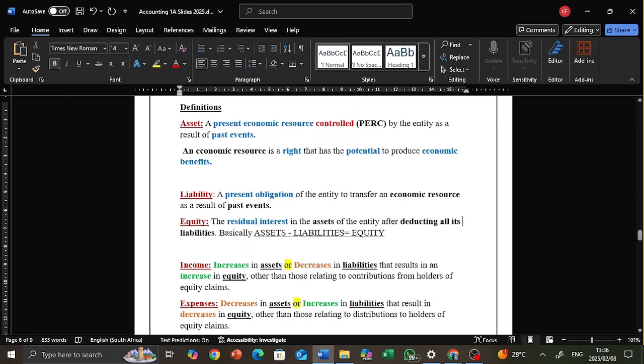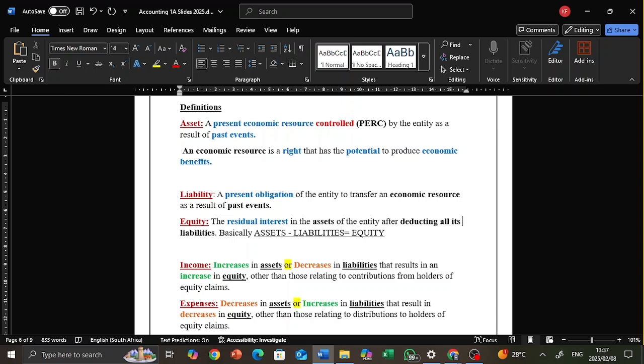Essentially, what we are being told is that for us to have income, we need either our assets to increase, and or our liabilities to decrease.